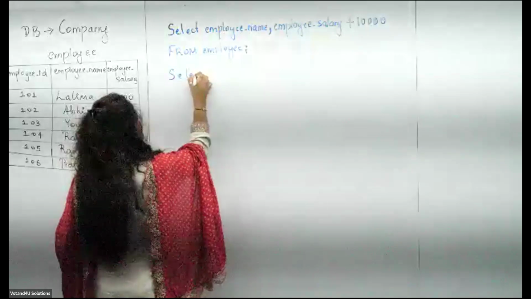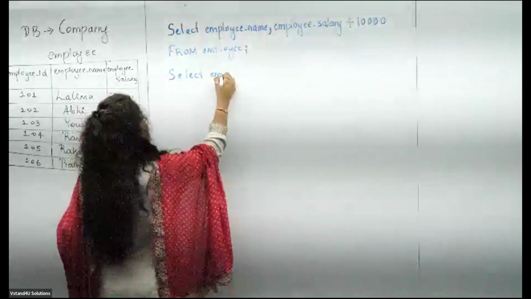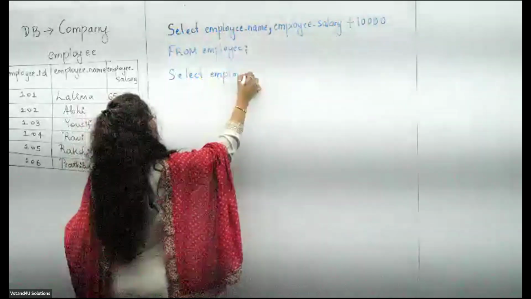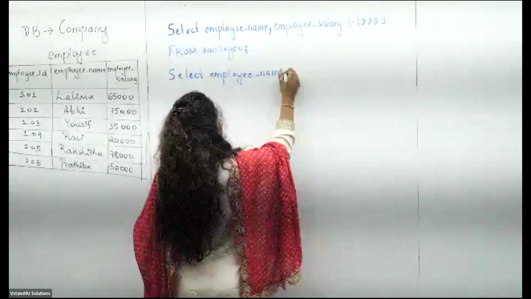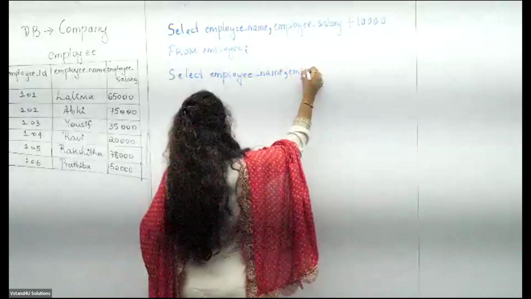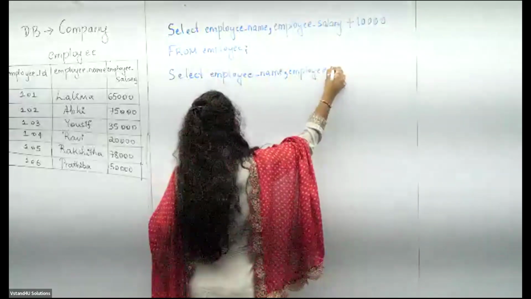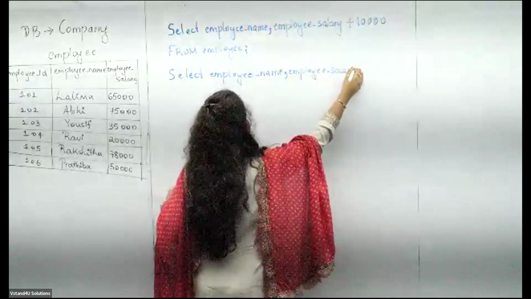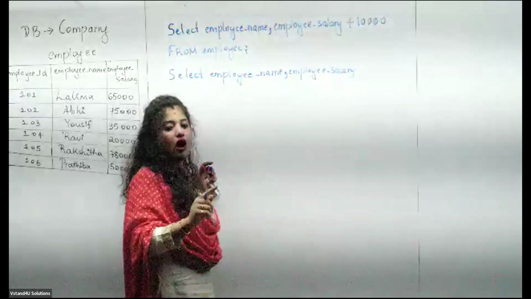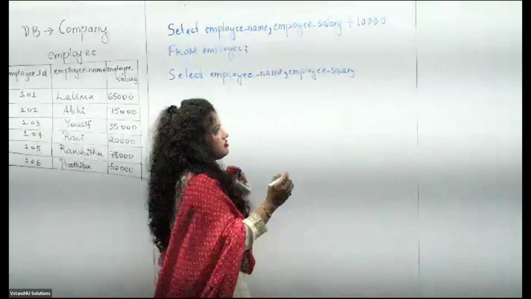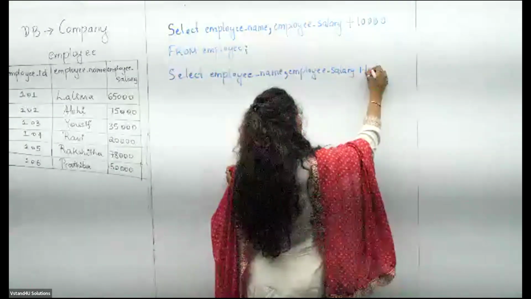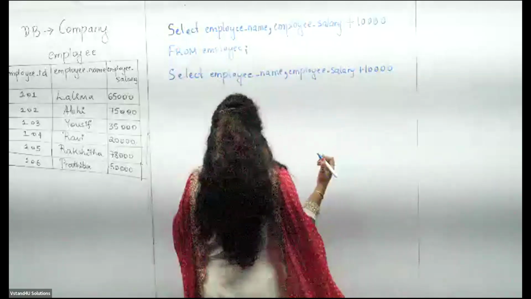So again you will say select employee name and employee salary. Should I write employee salary only or employee salary plus 10,000? Plus 10,000. So I will write plus 10,000. Okay.